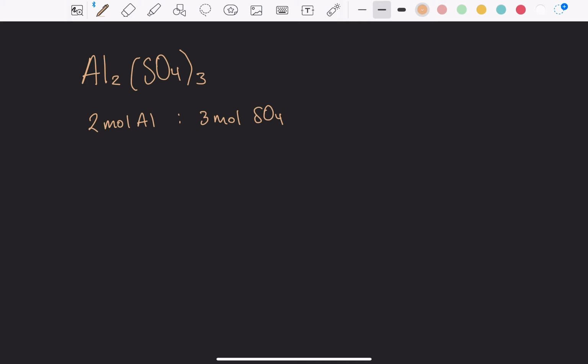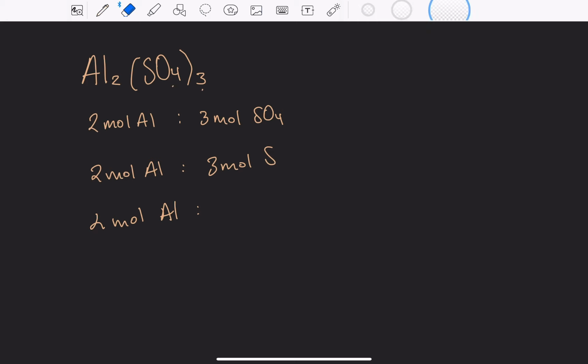I could also use it for just the element itself. I could say that the ratio is 2 moles of aluminum atoms for every 3 moles of sulfur atoms, or 2 moles of aluminum atoms for every 3 times 4, 12. Oh my goodness. For every 12 moles of oxygen.